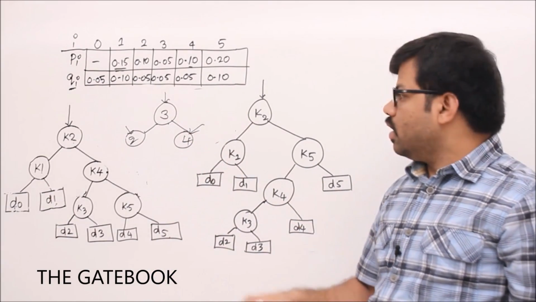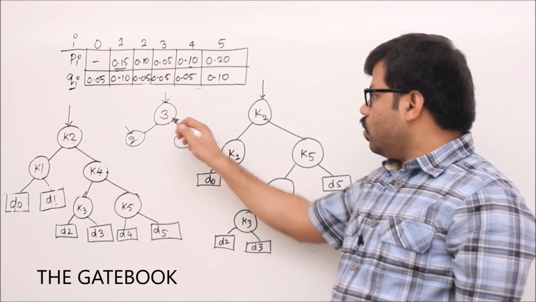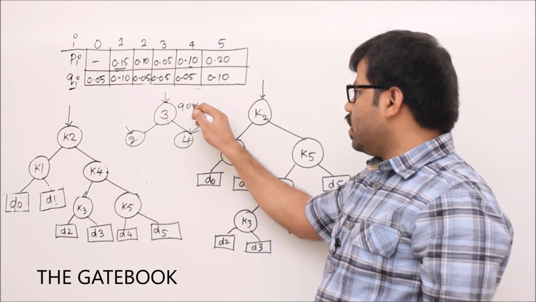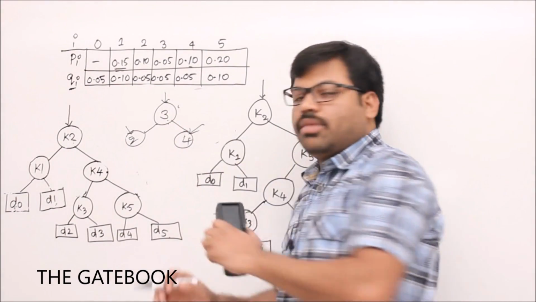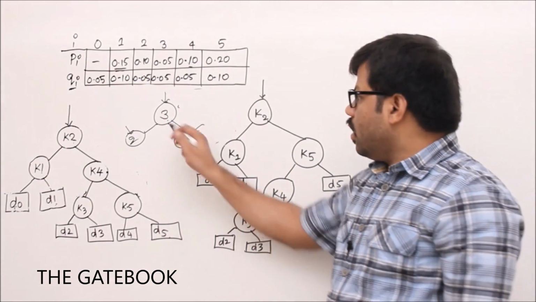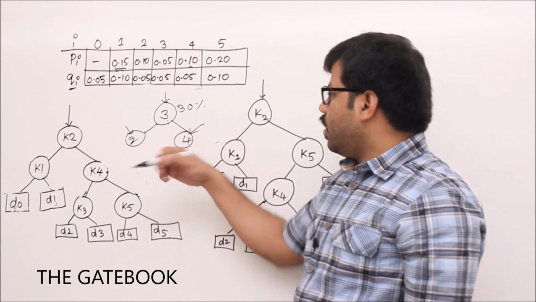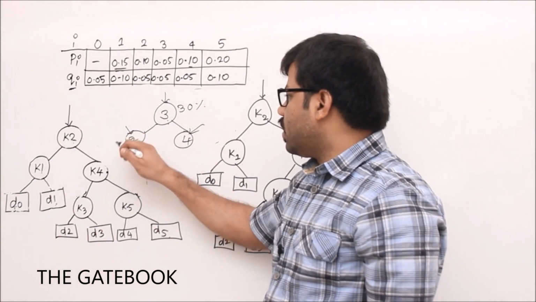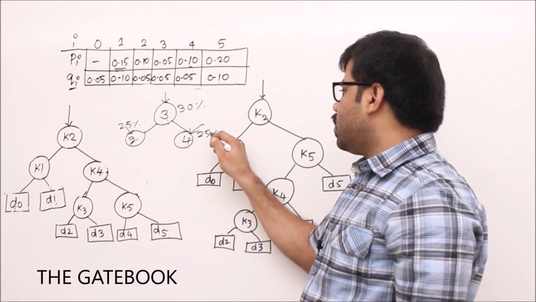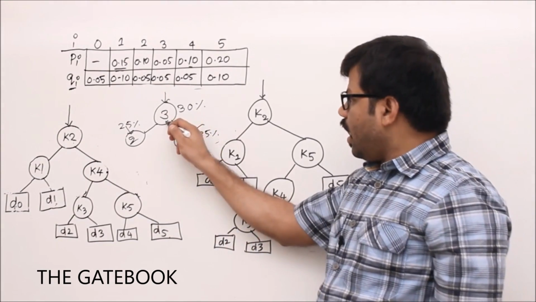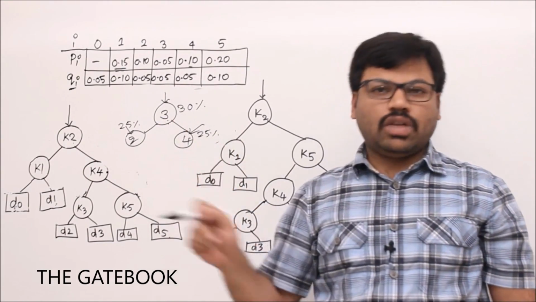Now my question is, will it automatically be optimal? No, it will not be. Though 3 has 90% probability in this one, and probably this is the best structure, see the situation. There are some possibilities where, for example, 3's frequency is 30%, which is the highest, 2's frequency is around 25%, and 4's frequency is 25%. So 3 has more probability, but if you keep 3 as root, what can happen?